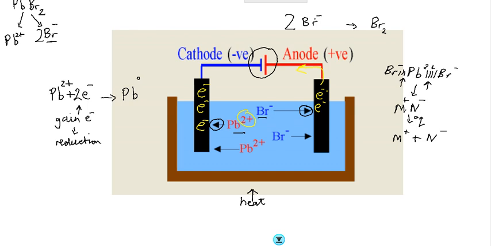So what's happening here in terms of electrons? Well, remember the anode is keen to take electrons off things and pass them across to the cathode. So what happens basically is that this loses electrons. It has to lose 2 electrons, so 2 minuses minus 2 minuses is equivalent to 0. So the charges have to cancel each other out.